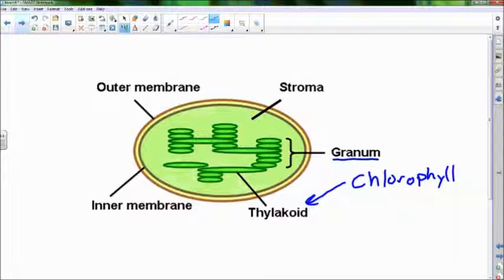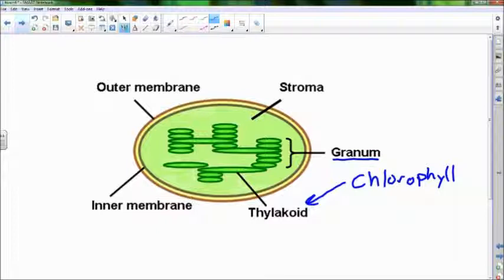So when sunlight comes in and strikes the leaf of the plant, or the green part of the plant, those light waves are going to travel through the cells, and they're going to strike the thylakoid part of the chloroplast, and they're going to be absorbed by the chlorophyll.